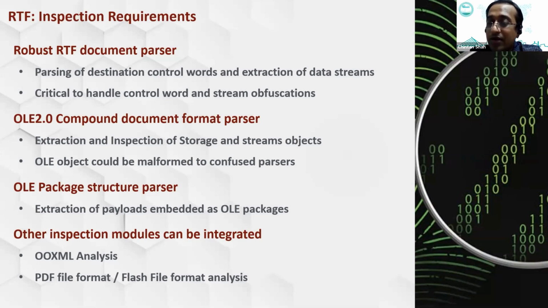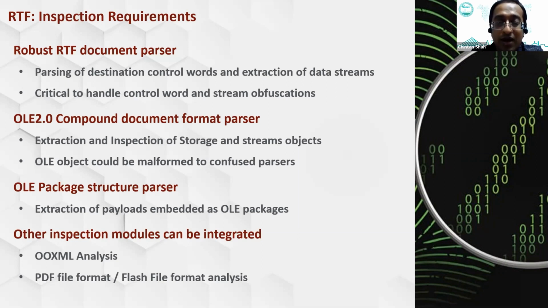It is critical for the parser to handle stream obfuscations, because attackers can take advantage of control word obfuscations to evade static detections, AV detections, or perimeter detections if available in any of the perimeter solutions. Since all the OLE objects are embedded into the OLE2 compound binary file format, we need a compound document format parser as well. So we need an OLE2 parser.